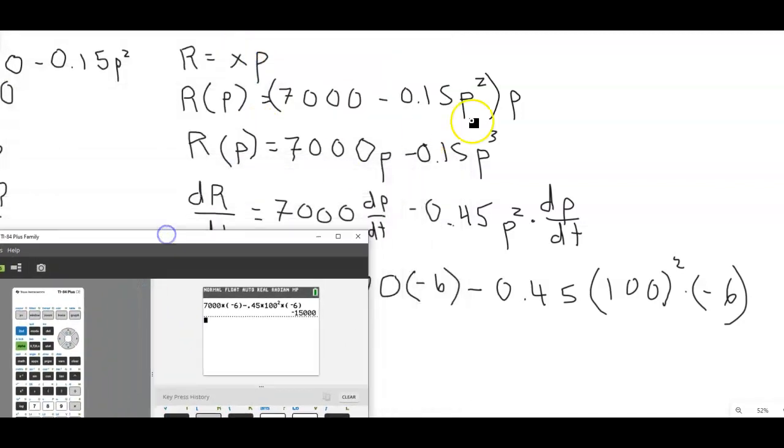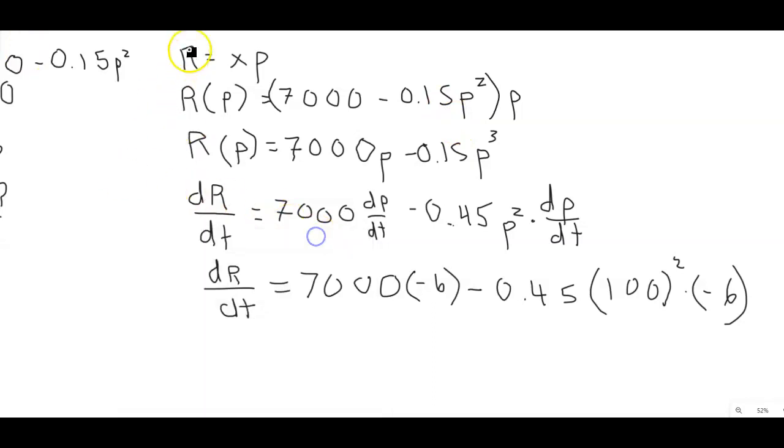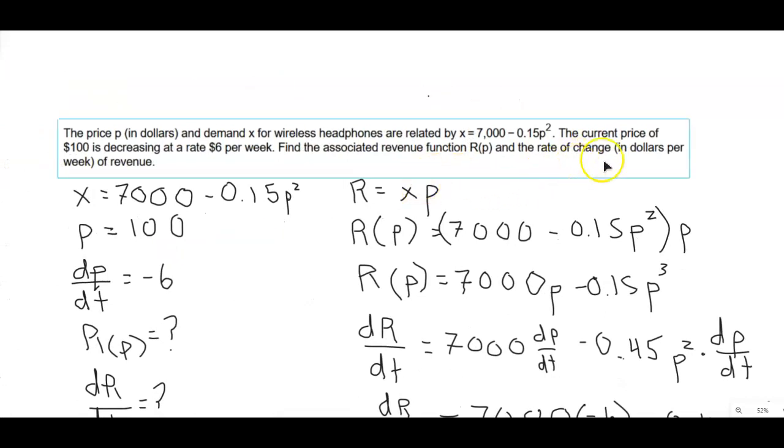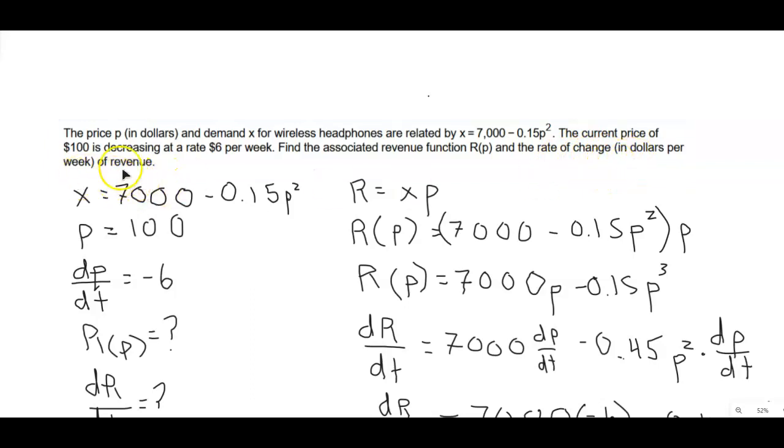So let's see what that means. I'm going to go back up to the original problem. They're asking for the rate of change in dollars per week of revenue. So that would say, at this point, we are losing $15,000 per week in revenue.